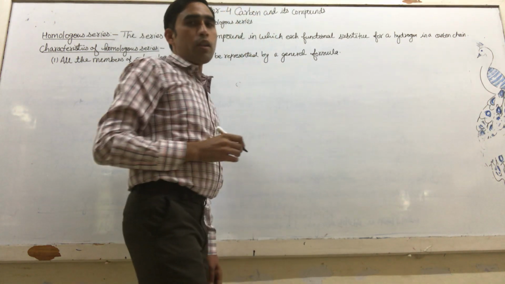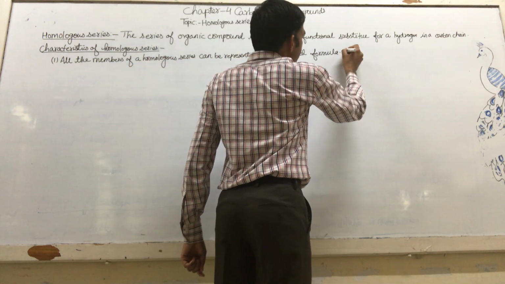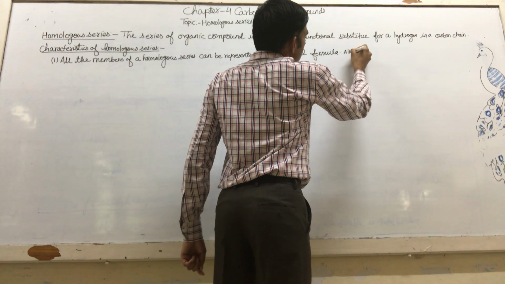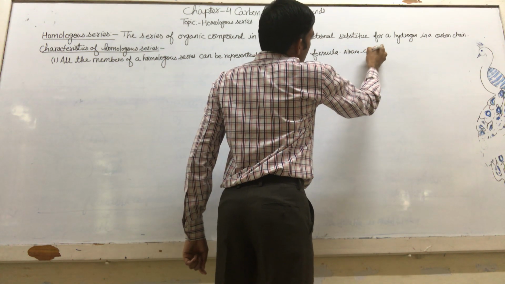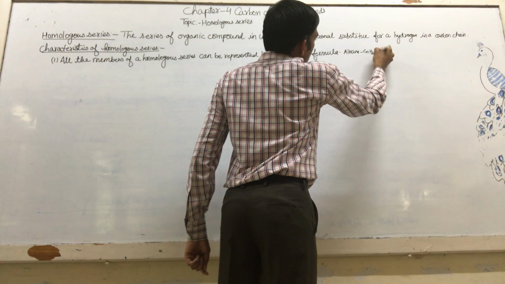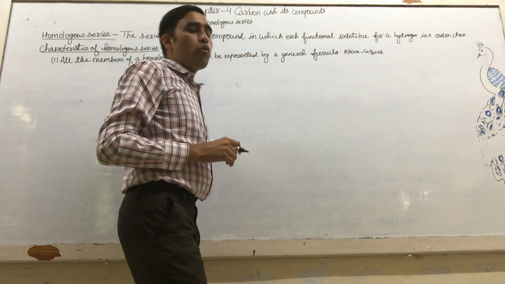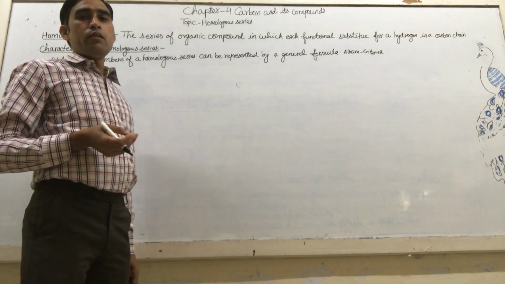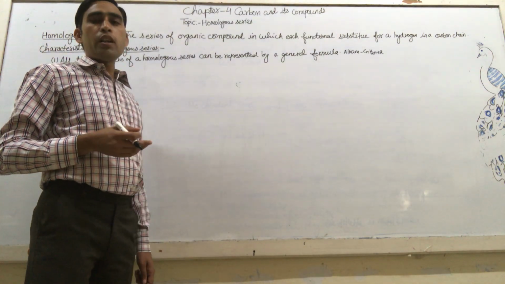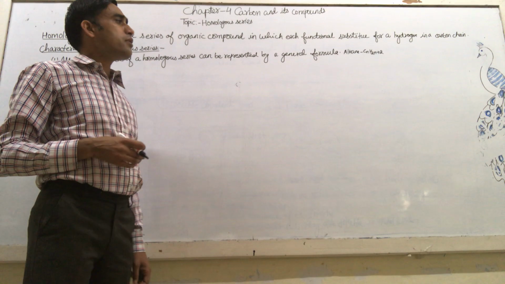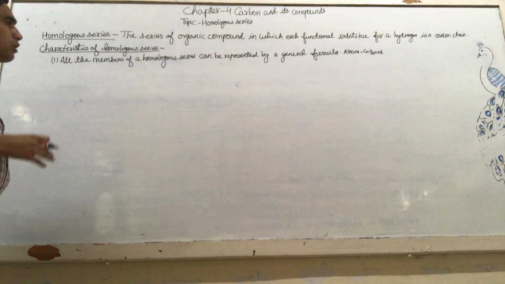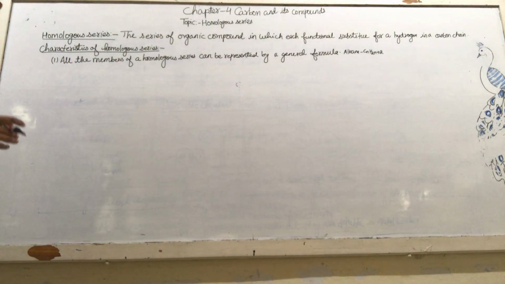For example, the general formula of alkane is CnH2n+2, for alkene CnH2n, and for alkyne CnH2n-2. So they have the same general formula.